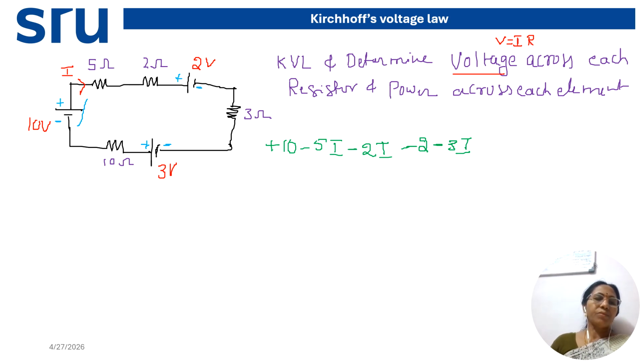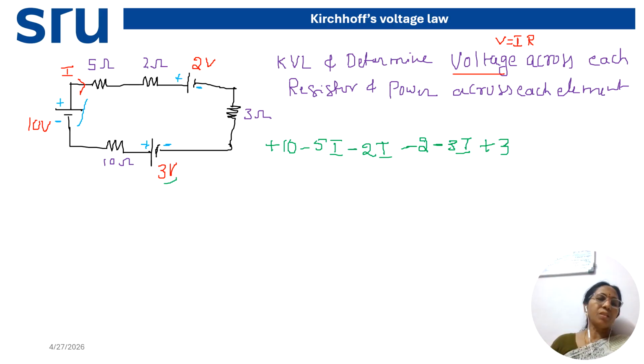Then what is after this? We have one voltage source, and that voltage source magnitude is 3, and we are crossing this from minus to plus. When we are crossing from minus to plus, it must be taken as plus. Is it right?